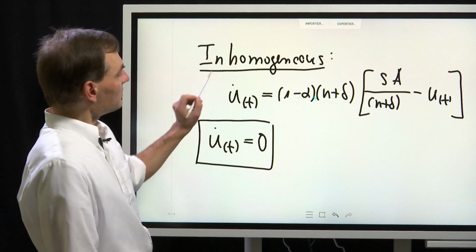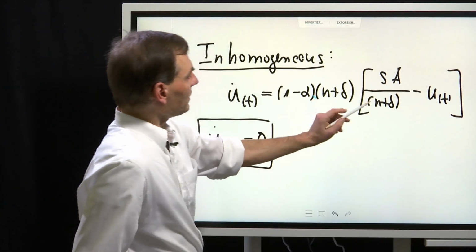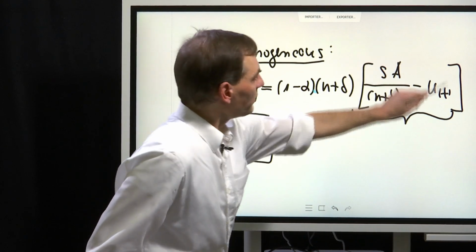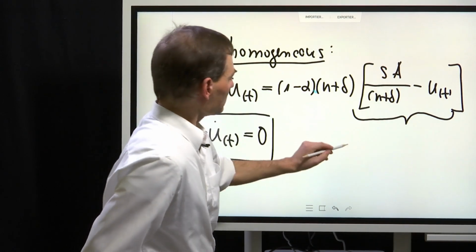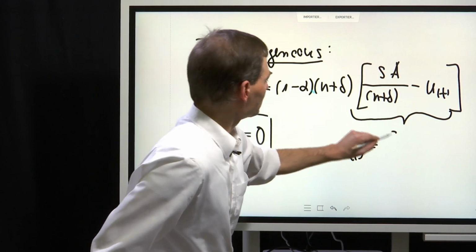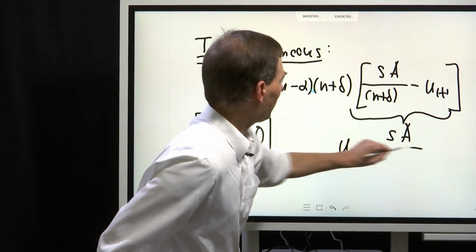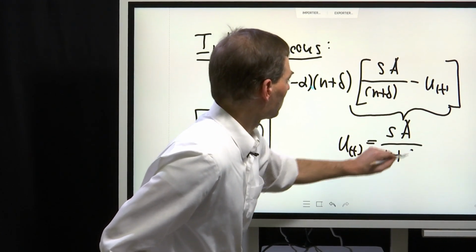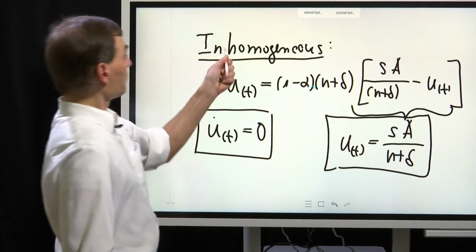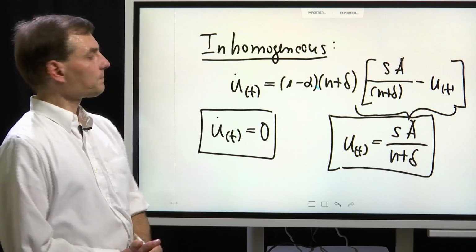Well, if on the left-hand side we have 0, you see immediately the right-hand side is 0 if this bracket is 0. And the bracket is 0 if we assume that u of t is s times a over n plus delta. And this is now the solution of the inhomogeneous part.